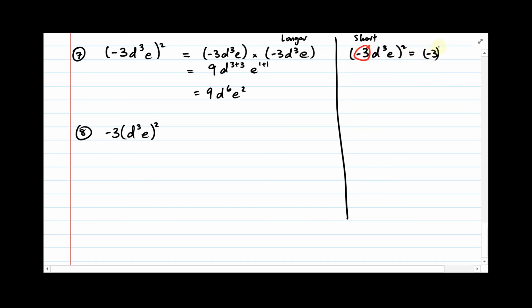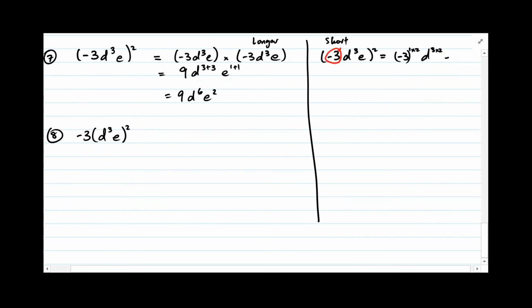Negative 3 to the power 2, d to the 3 times 2, e to the 1 times 2. So putting it all together, negative 3 squared, d to the 6, e squared. A negative number squared is always positive. Hence we ended up with positive 9d to the 6 e squared.